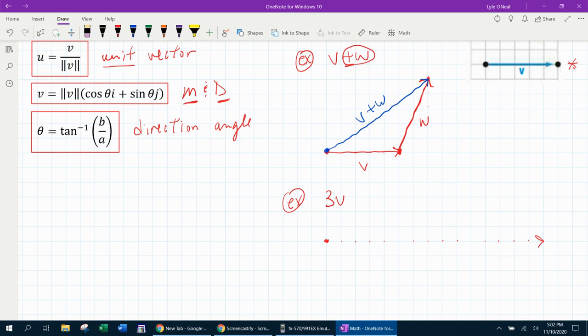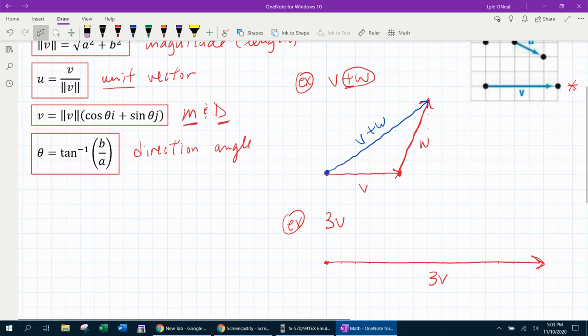So if I erase these in between and connect the dots here, this would represent 3v. It's the same direction as vector v, but the magnitude has been tripled, 3 times its length.